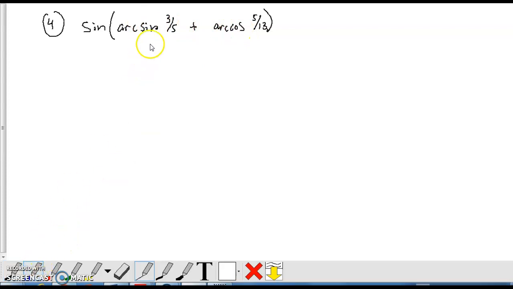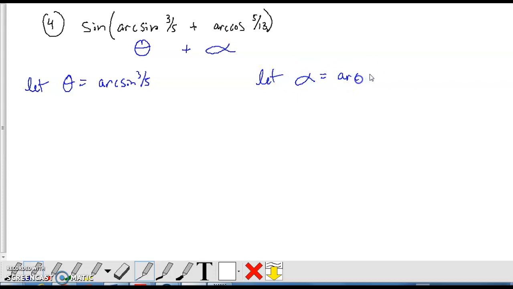So this time I'm going to write 2 let statements. I'm going to say theta and alpha, right? So I'm going to say let theta equal the arc sine of 3/5. And then over here, I'm going to say let alpha equal the arc cosine of 5/13.